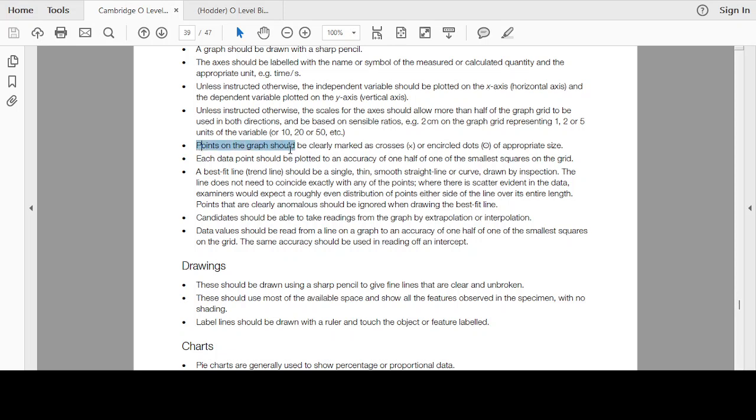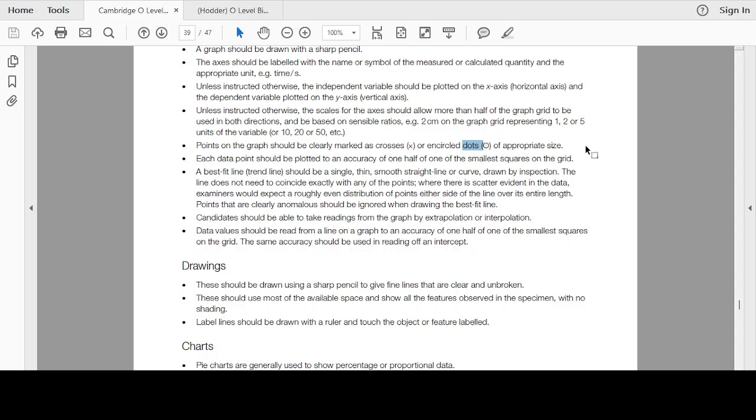Points on the graph should be clearly marked as a cross, and a cross is not like a huge cross, like a small cross, just to mark the point, or encircled dots, right? Dots of appropriate size. You don't want like a fat dot, like a blotch on the graph paper, because the point of data is actually very accurate.